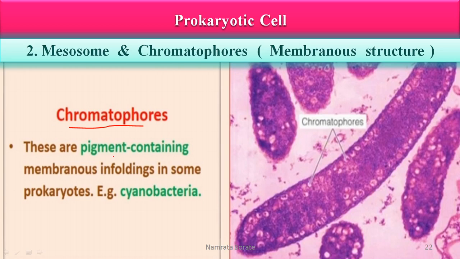They contain different types of pigments like bacteriochlorophyll, bacteriopheophytin, and carotenoid. Bacteriopheophytin is a brown color, bacteriochlorophyll is a green color, and the carotenoid is an orange color. So the chromatophores play a very important role in bacteria.